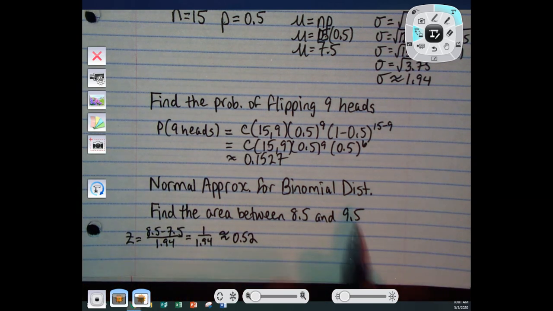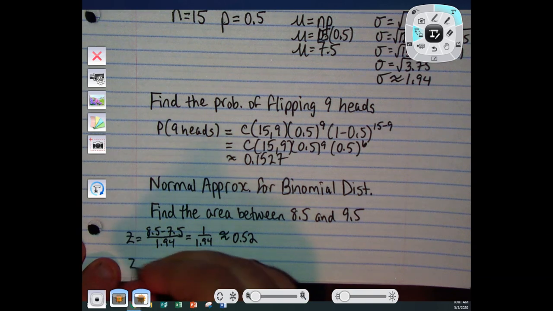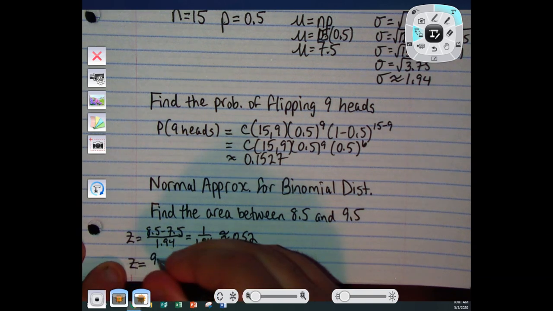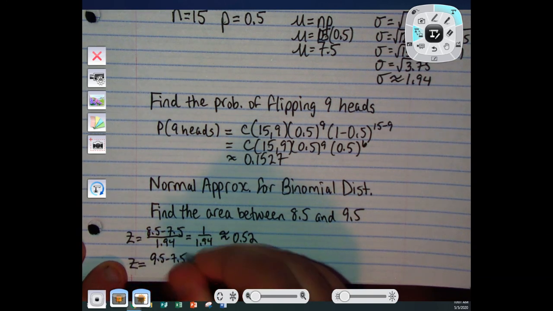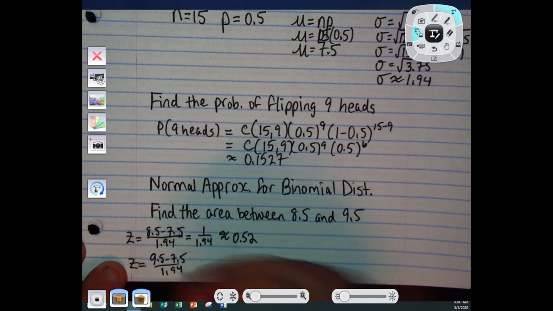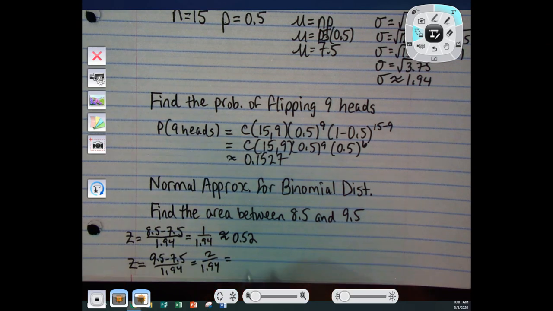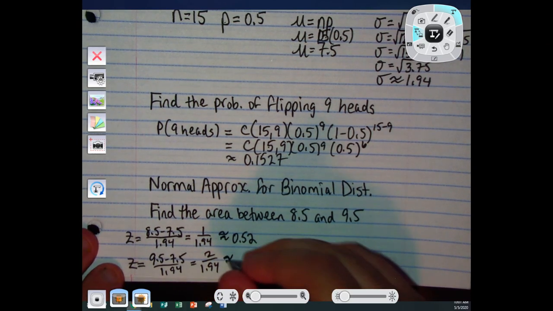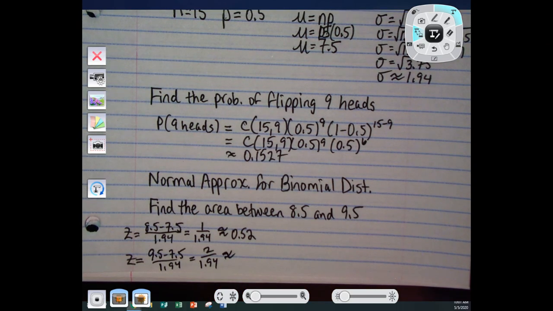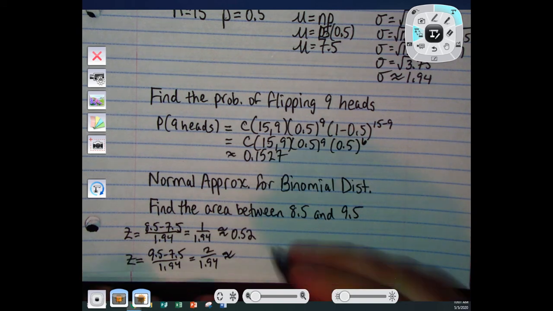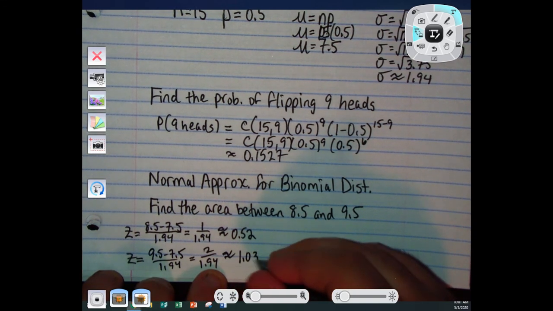Then we would do the same thing for 9.5. So we would do 9.5 minus 7.5 divided by 1.94. So that's 2 divided by 1.94, which gives us an approximate z-score of 1.03.